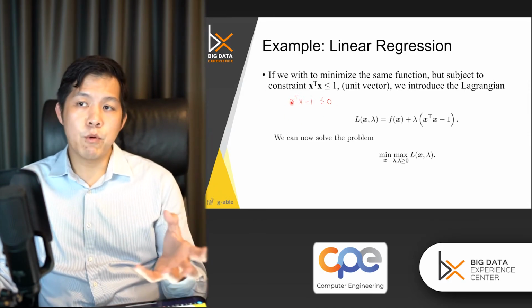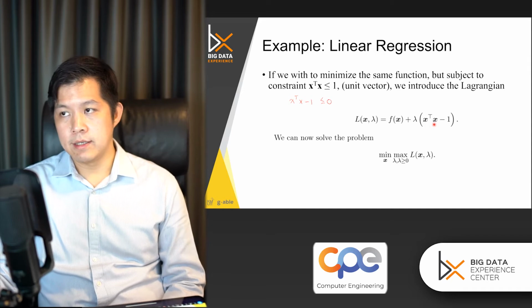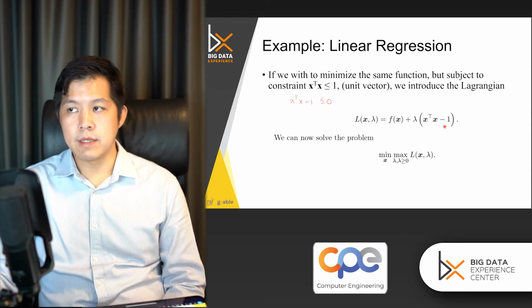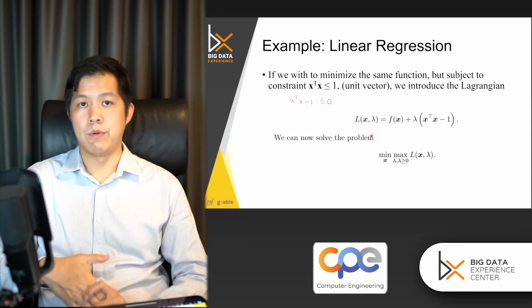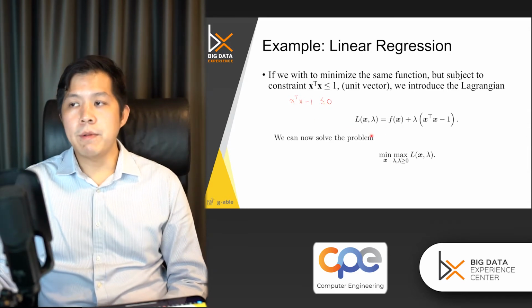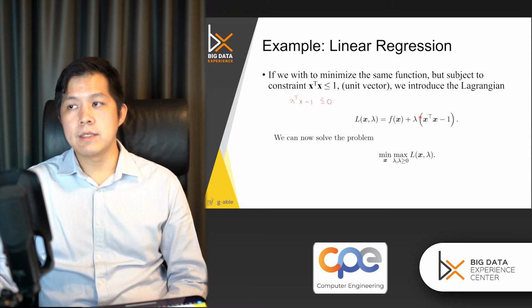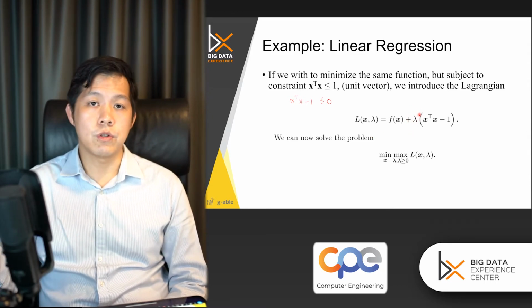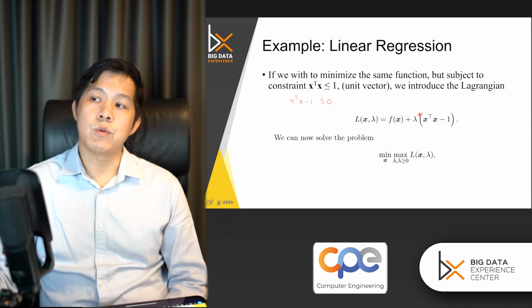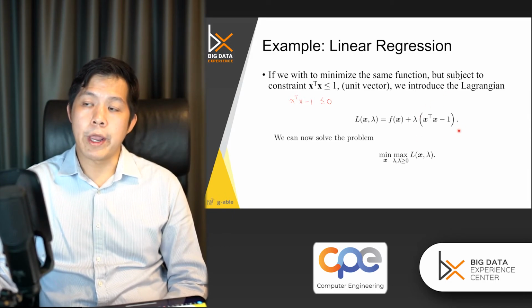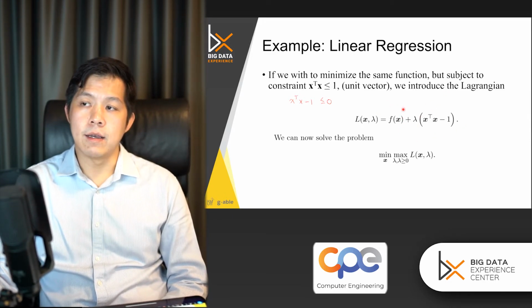So we can put this into a constraint like this. This is the term that needs to be less than 0, and then multiply it with lambda. Lambda is the parameter that would control the proportion between the constraint and the main error.